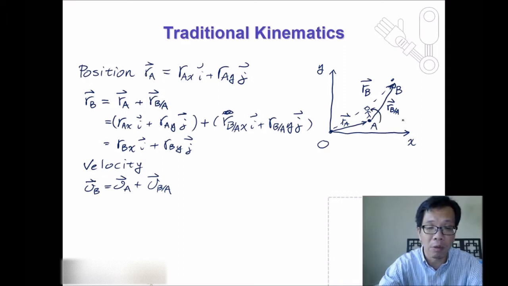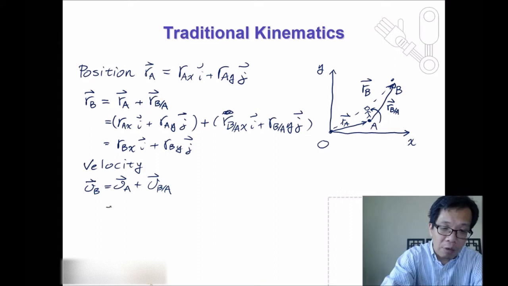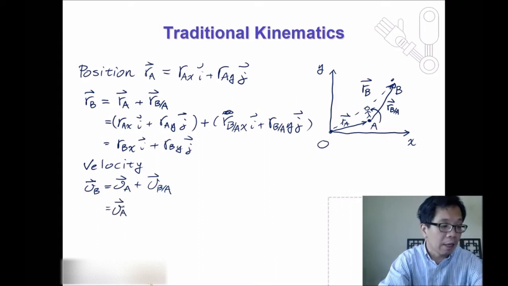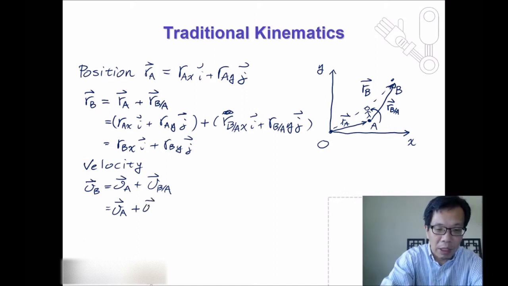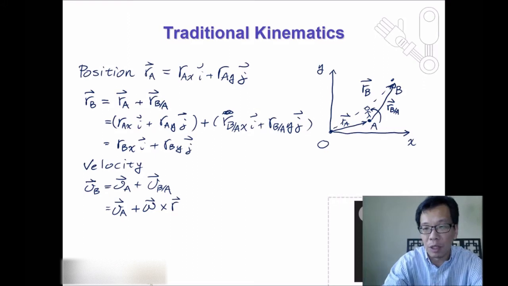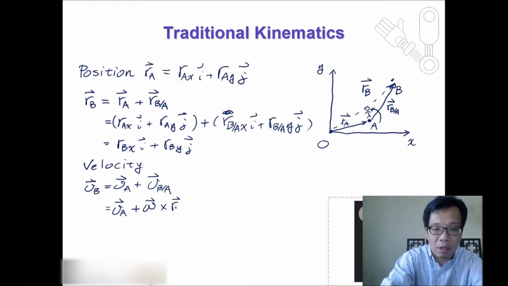So VA remains the same because we need to know the velocity at point A. But for point B, it is going to be the angular velocity rotated about point A cross product with the distance between B and A. So it is going to be something like this.